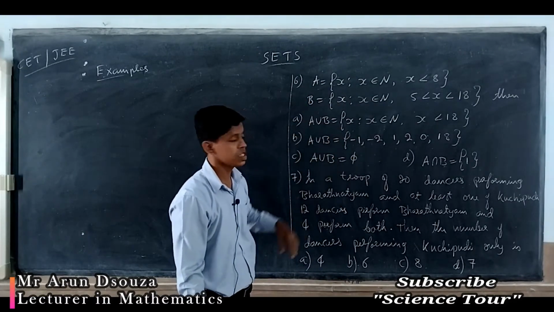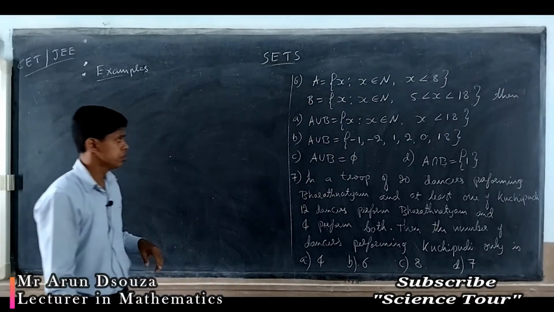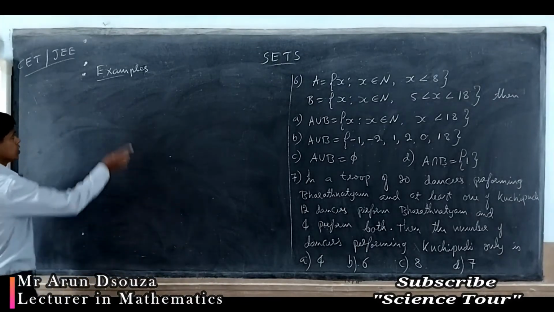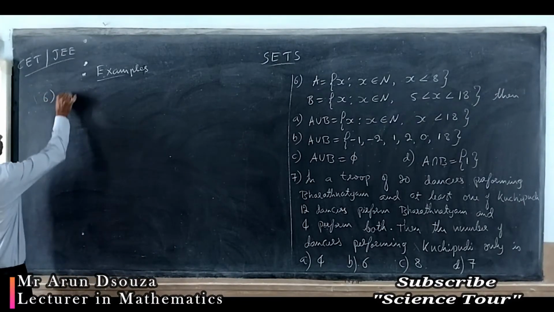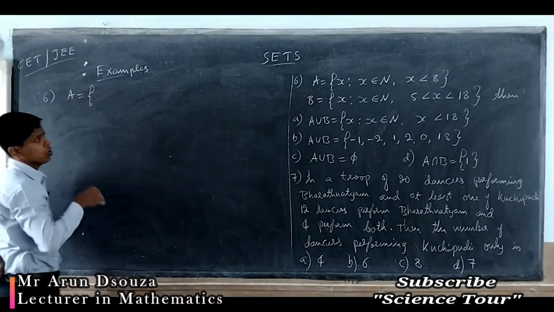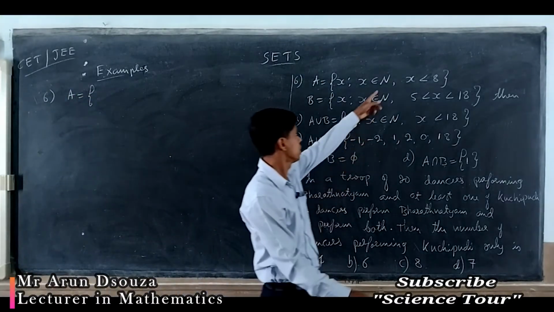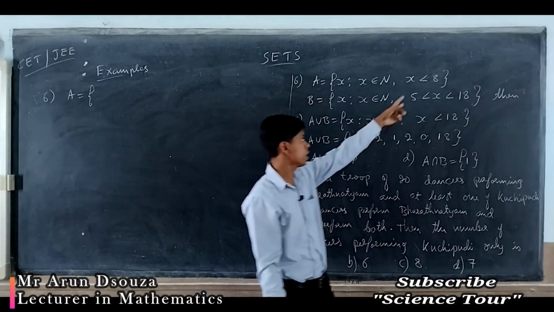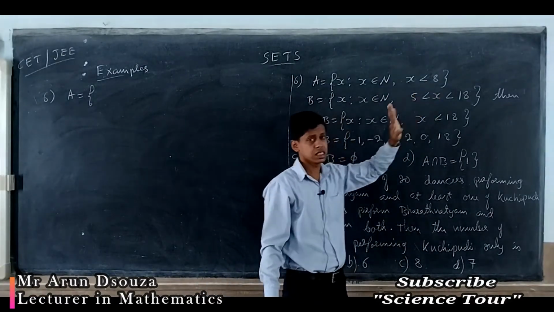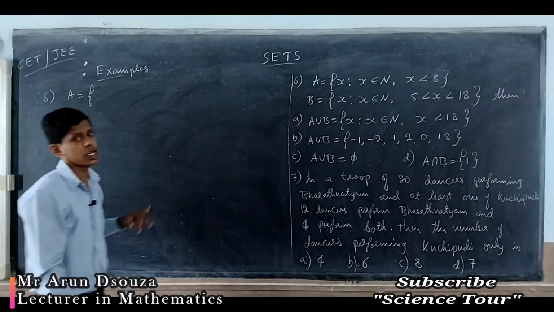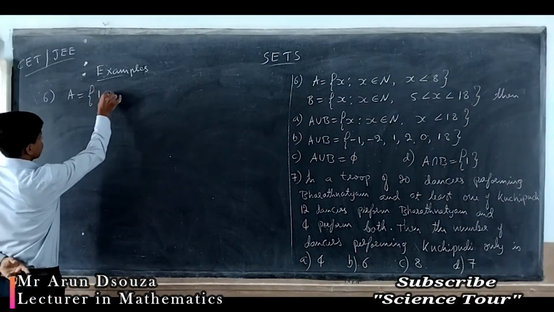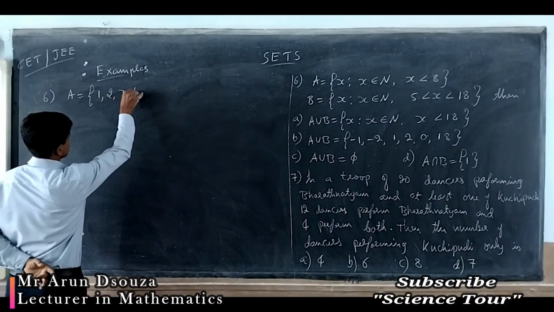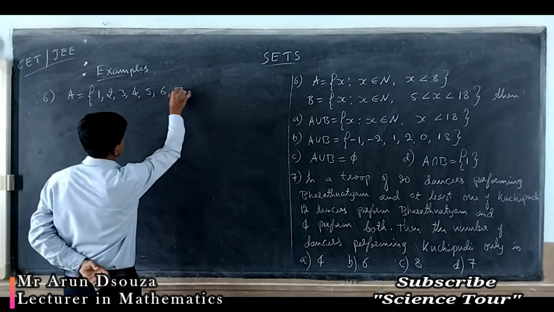The first option is given in set builder, so B, C and D are straightforward roster form. Let me write the set A. All the natural numbers less than 8. 8 is not included. It is not less than or equal, it is only strictly less than 8. Only up till 7. So 1, 2, 3, 4, 5, 6 and 7.